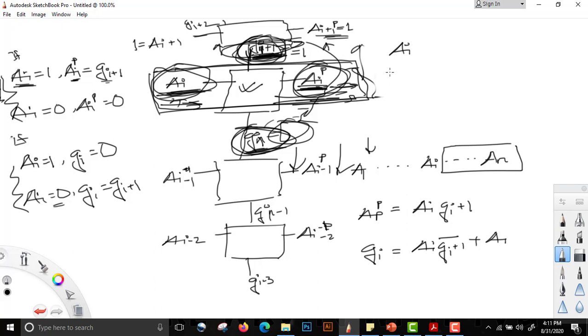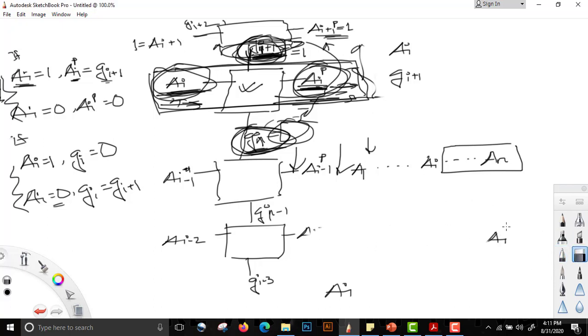and each block will also have an input GI plus 1, and the logic will be AIP equal to AI times GI plus 1. If AI is 0, AIP is 0. If AI is 1, then AIP is GI plus 1.